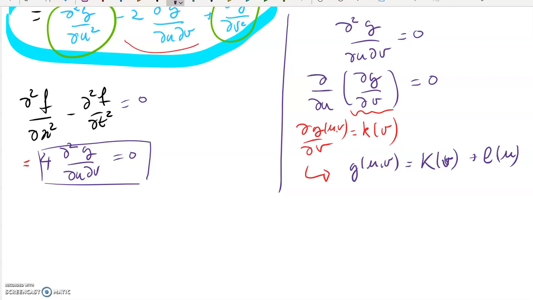So that was the analysis part. What we found out was that if we had a function that solved this equation, let's keep that for the moment in terms of u and v, it had to be one function of v and separately one function of u. And again, those would be arbitrary functions. So that was the analysis part.